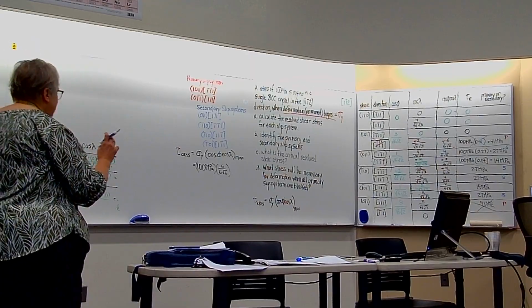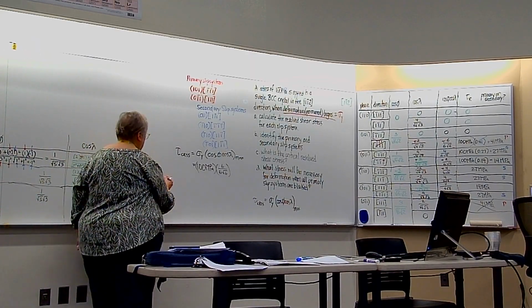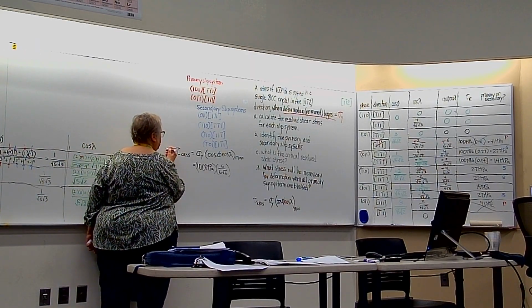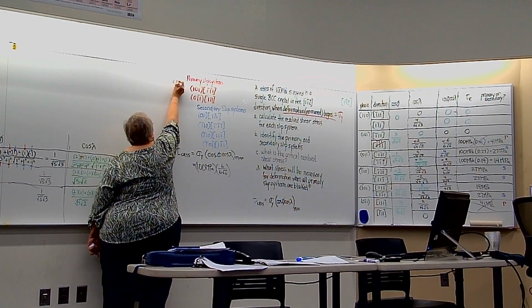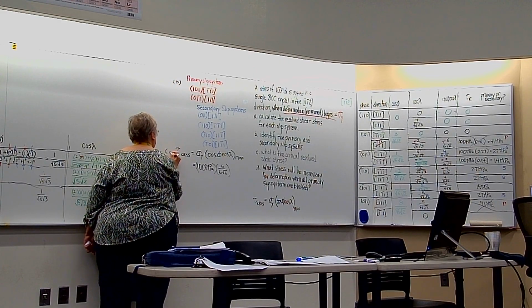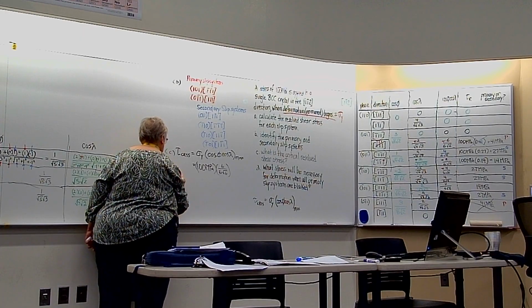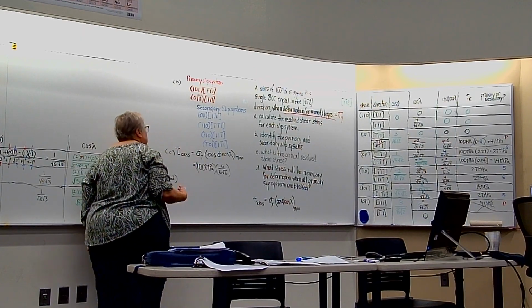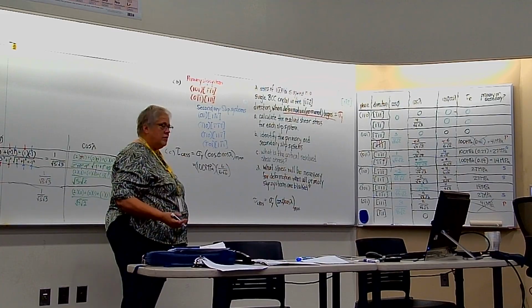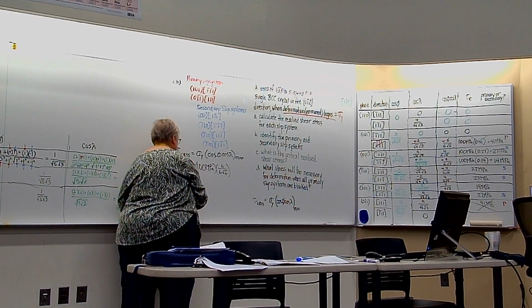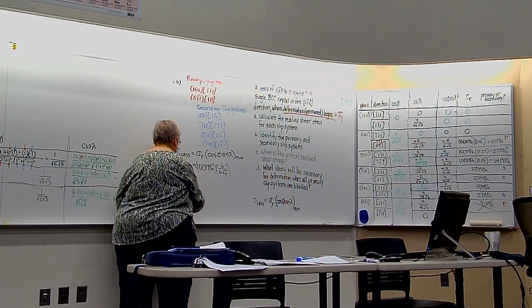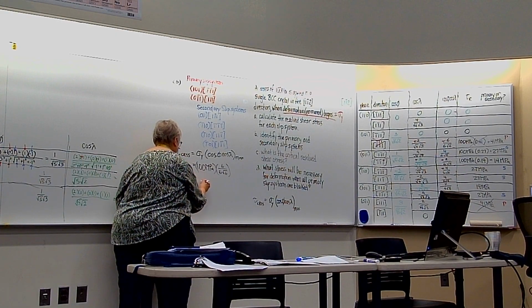So in the answer to D, so this is B, and there's C. In answer to D, now the stress is unknown, but we know that the critical resolved shear stress is 41. We know that.